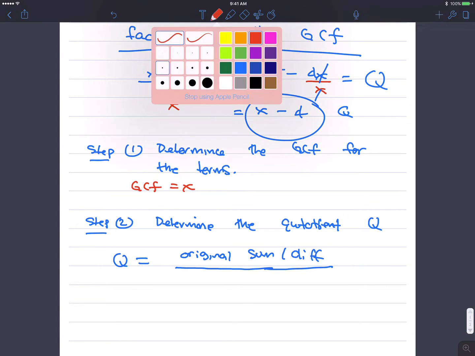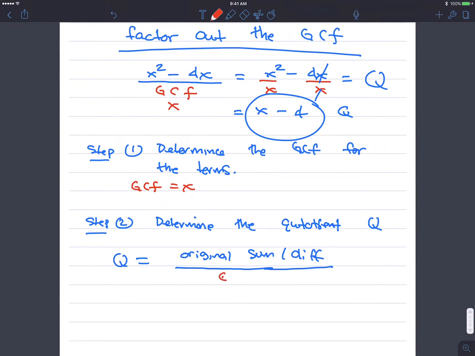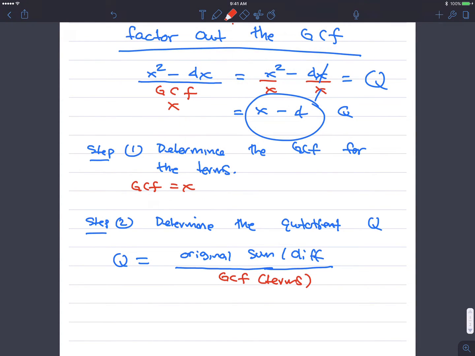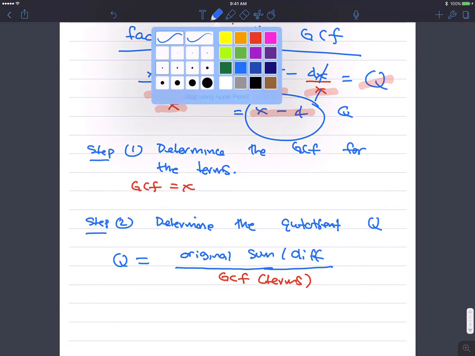And you're always going to divide that by the greatest common factor for the terms. And in this case here, we did just that. Right? Our greatest common factor we found was that x. So I'm taking your original problem and dividing both of those terms, that difference, by x. And we then got our quotient called Q. Our quotient is x minus 4. And that's what we're going to do as a procedure.